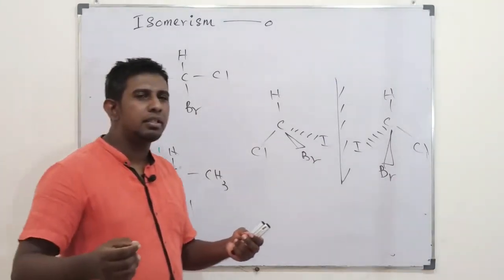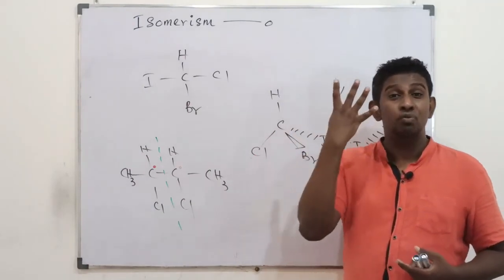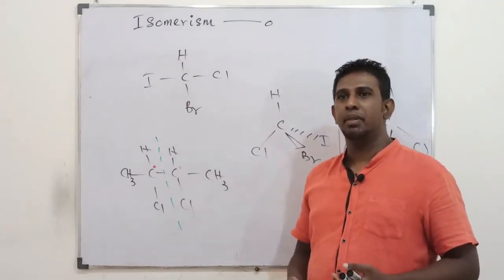So it seems like you could expect four different structures.